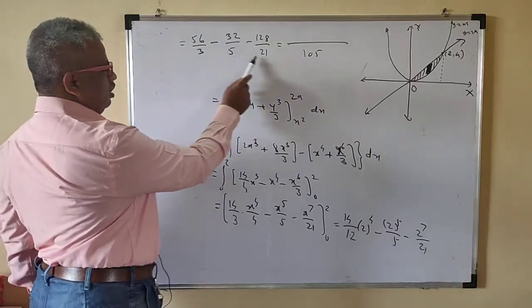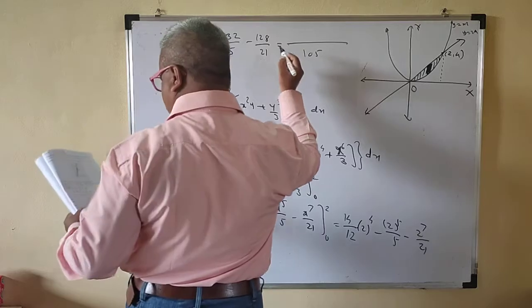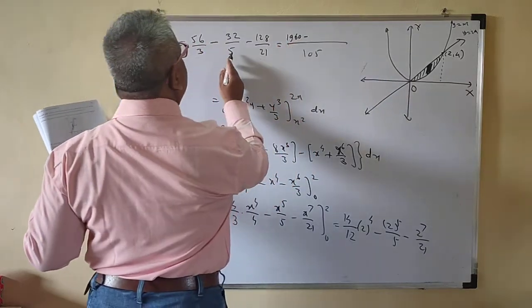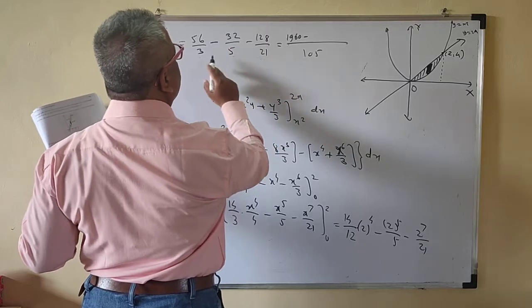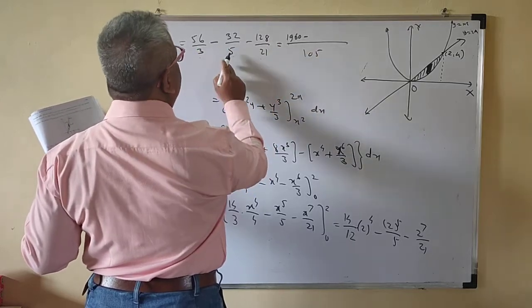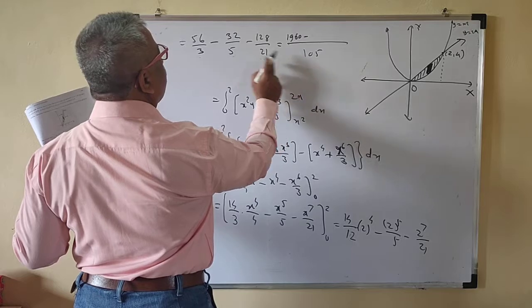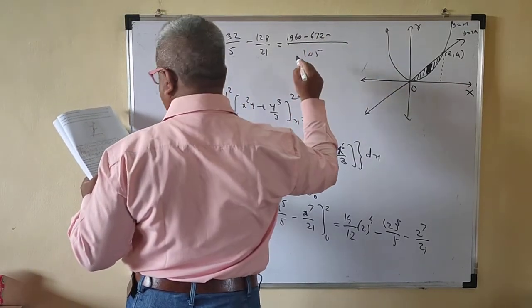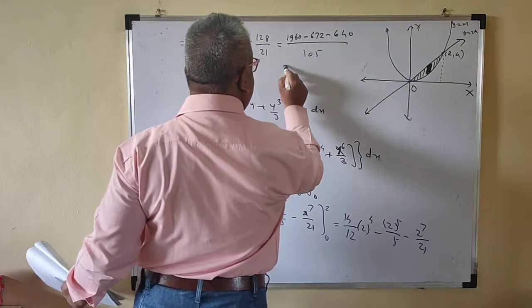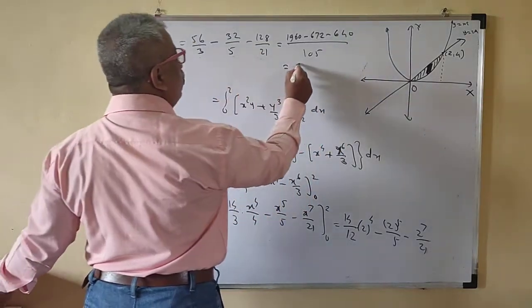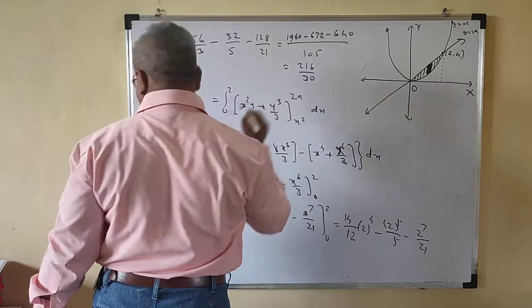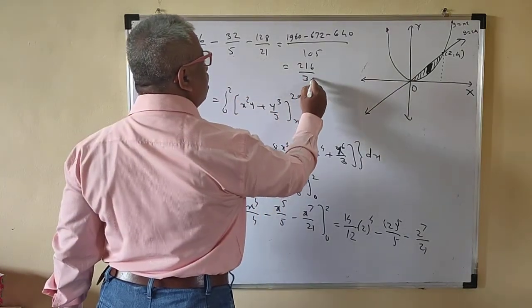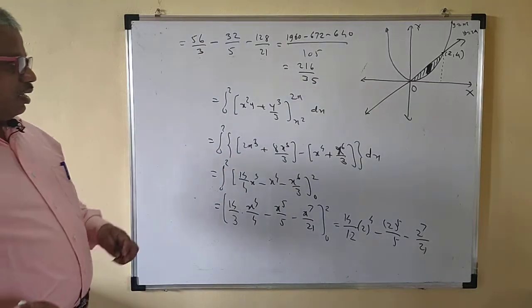So then this is 21 into 56, which is 1960, minus, 7 into 56 for the 5 part, and 21 into 32 is 672, minus 640, and this will be equal to 216 upon 35. So check your answer, you can check whether it is correct or not.